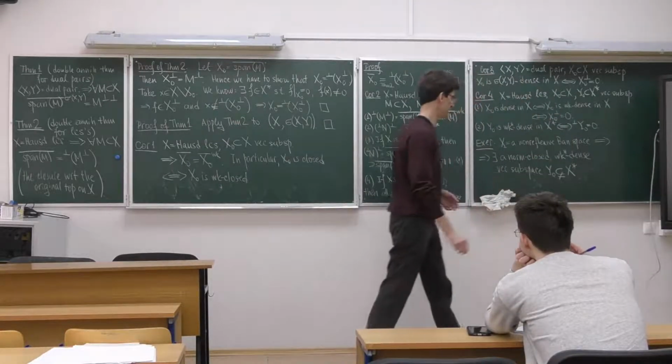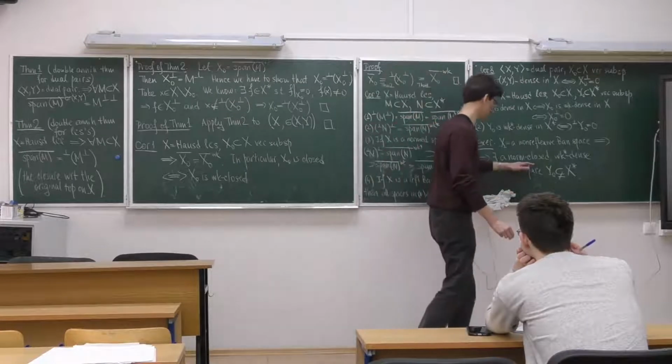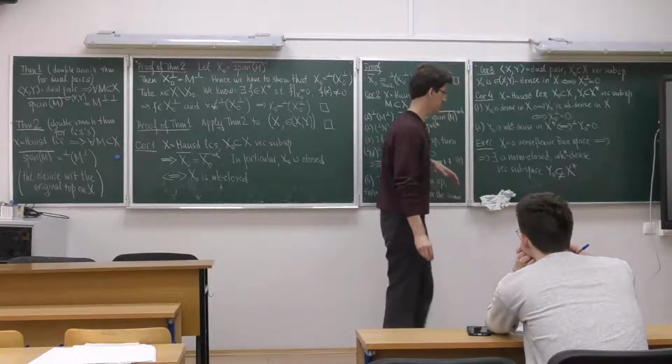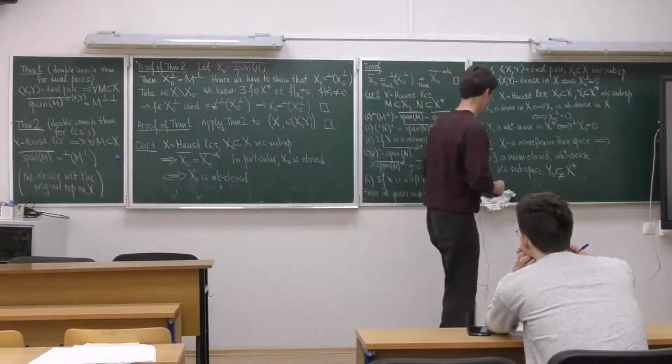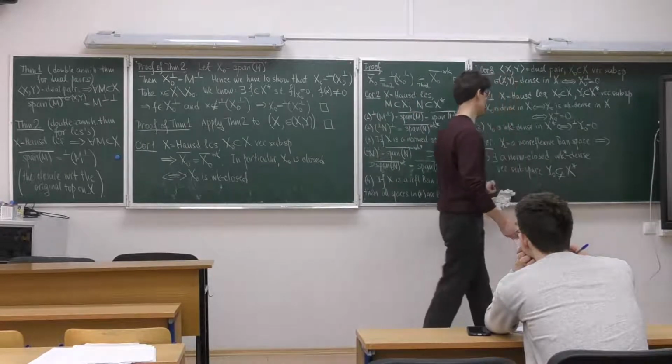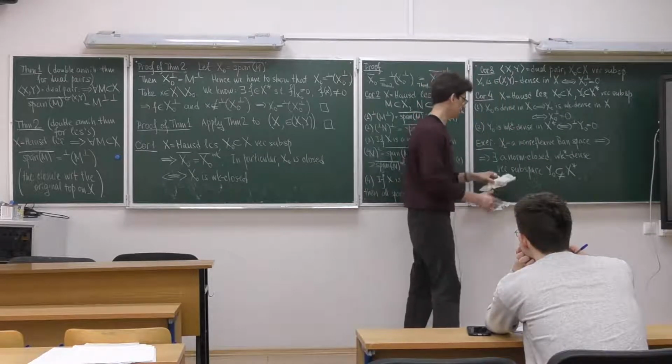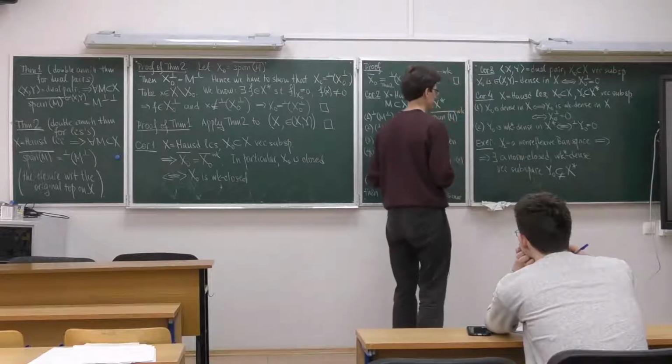So it is a proper vector subspace which is norm closed but which is weakly star dense. So this phenomenon is typical. We can find such a subspace for any non-reflexive Banach space.